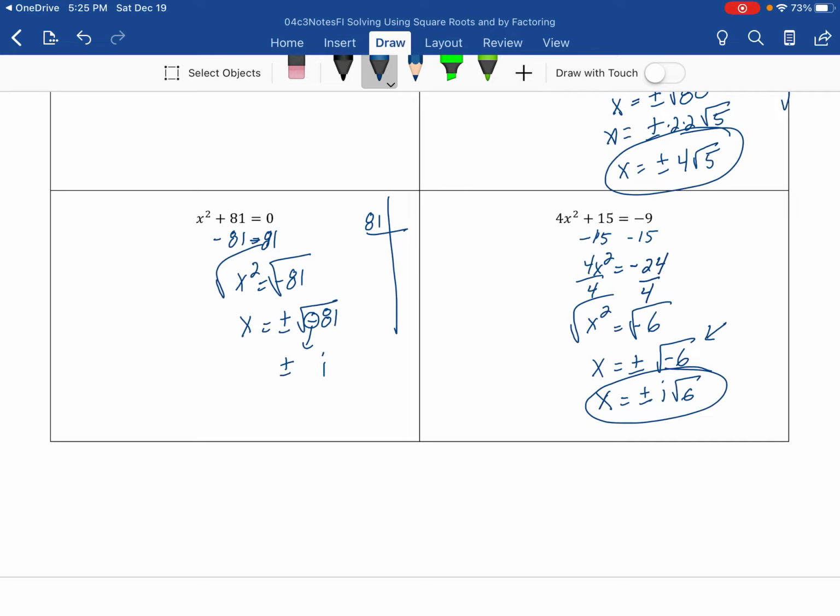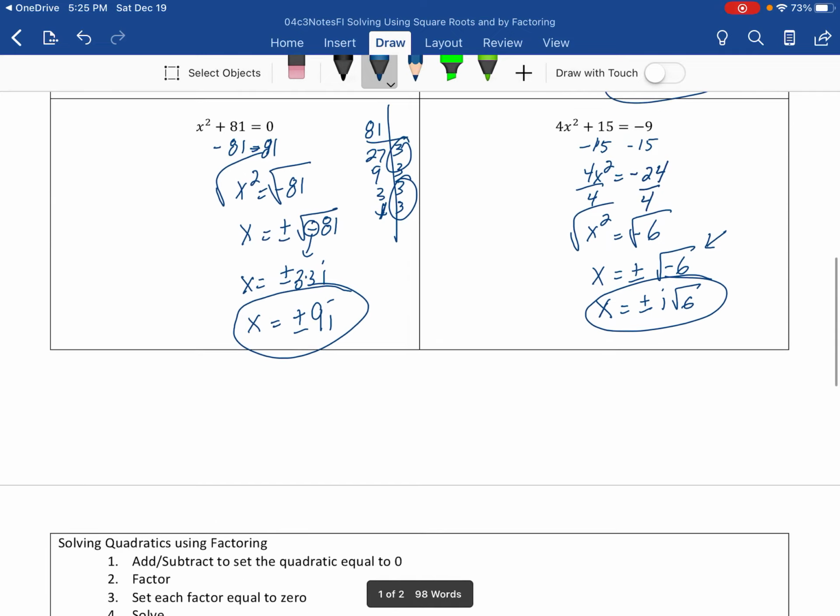So I know it's going to be plus or minus, and I know that there's going to be an i in my answer. 81 divided by 3 is 27, divided by 3 is 9, divided by 3 is 3, divided by 3 is 1. So I know it's going to be 2 3s on the outside. But those of you that know the shortcut, your answer here would just be 9i. So don't forget the i if there's a negative underneath your radical.